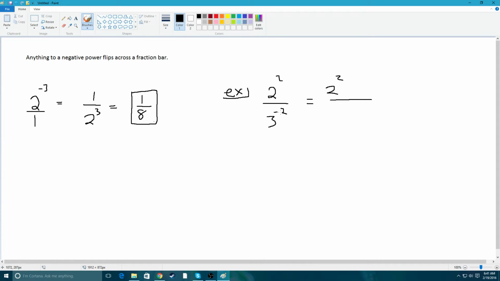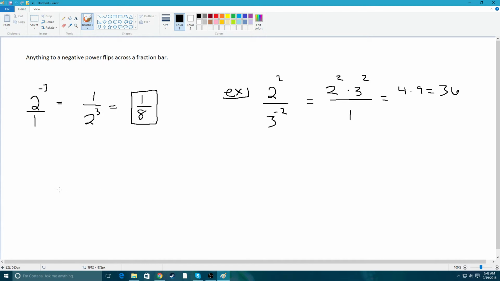Since the negative exponent is on bottom, it needs to go up above the fraction bar to get rid of the negative exponent. So this is 3 to the second power. Left under here is 1. 2 squared is 4. 3 squared is 9, for an answer of 36. So those are just some examples of this.